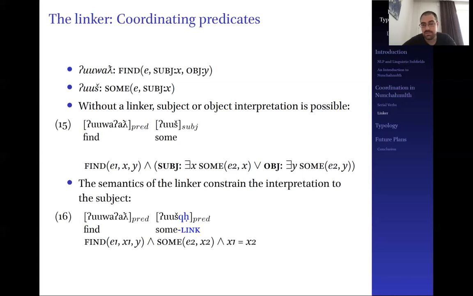But the semantics of the linker constrain the interpretation to be only the subject. So find some link, we have the same finding event. And to be even more explicit, we have an event of being quantified as some, and the linker adds this additional thing that says, and whatever the subject is of that first element is the same as the subject of the second. And this way we get the constraint that the second thing that the linker attaches to, if not a verb, must be interpreted as the subject.